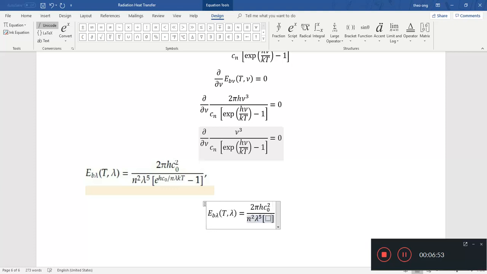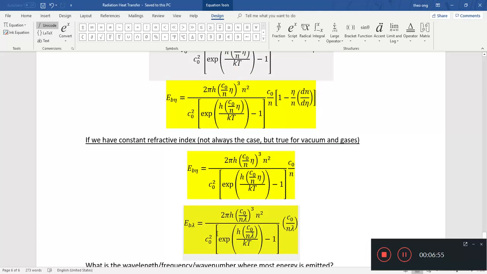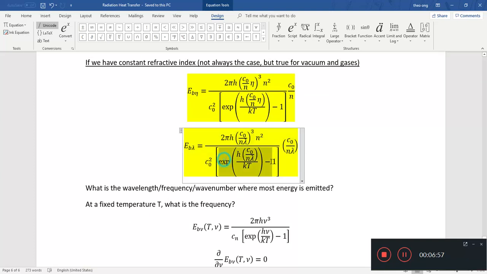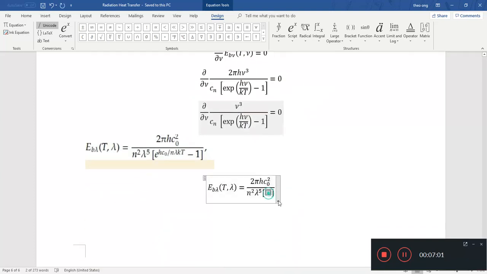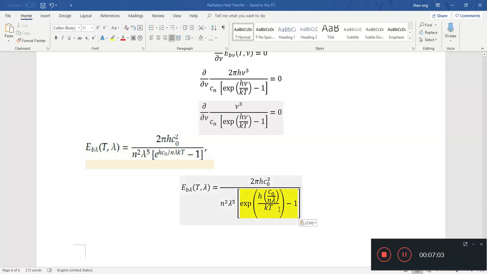Then you have this exponential here, which I can copy over because there's no need to waste time. So I'm just going to put that, and that's the exponential that's inside. We don't actually see any changes. There we go. Now it's like that.